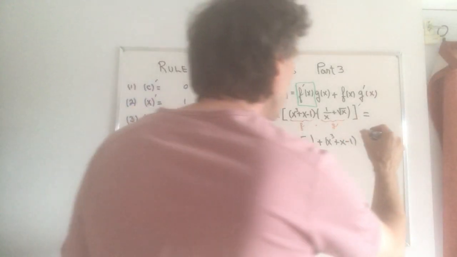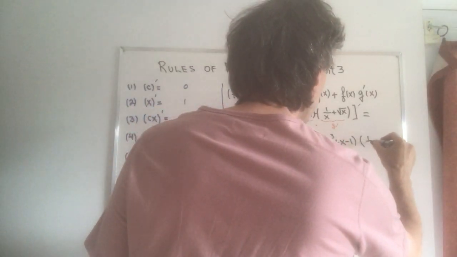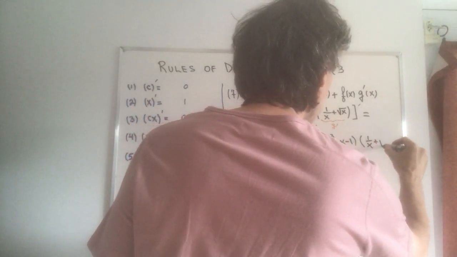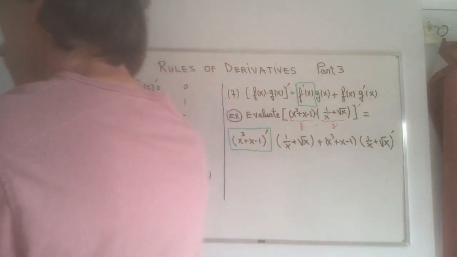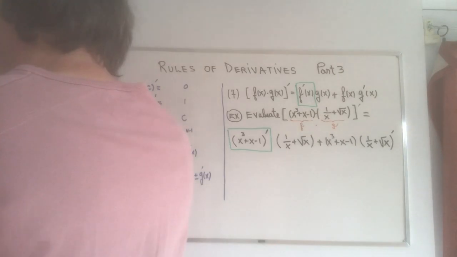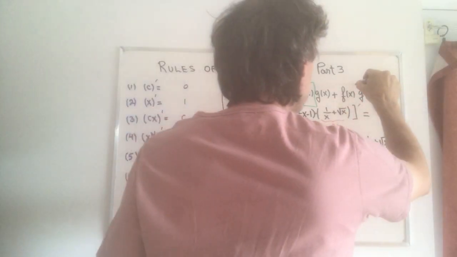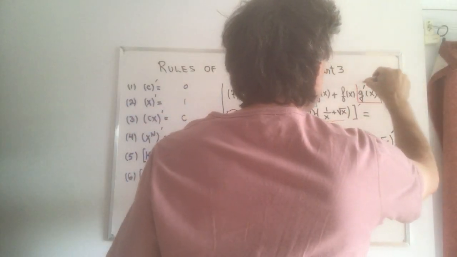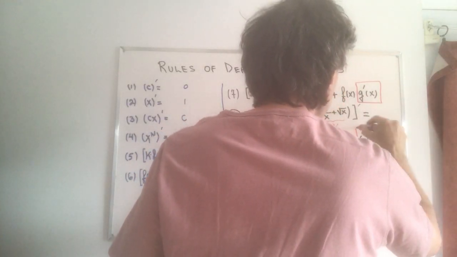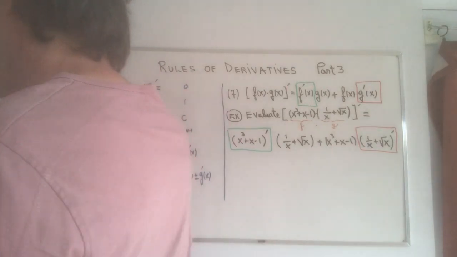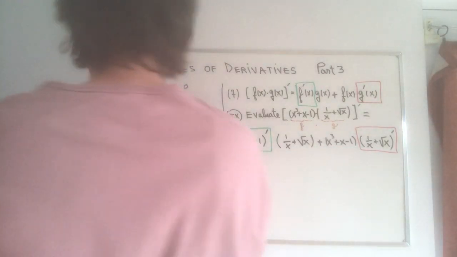So I'm going to go 1 over x plus root of x prime. Now, just to make sure that we know what we're doing here, this guy g prime is this guy g prime. Okay, good.